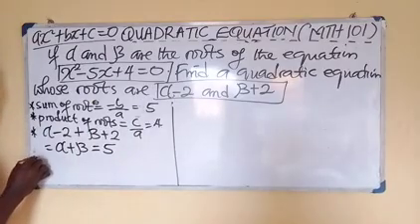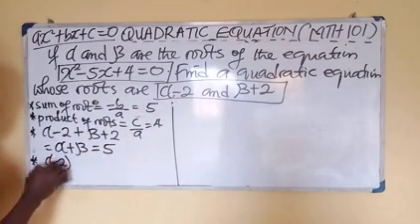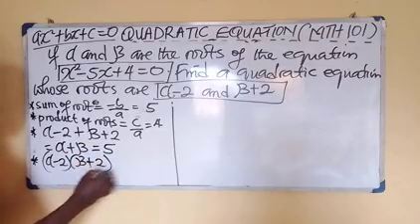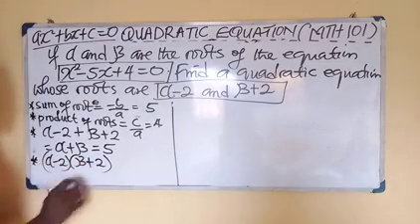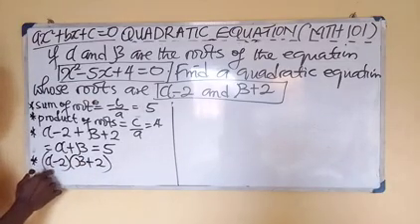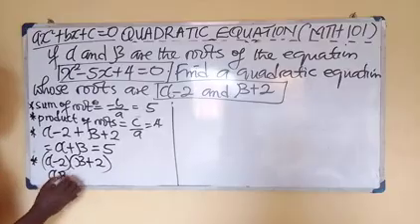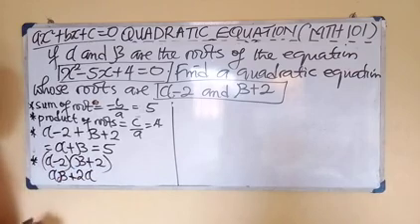Now the second instance is the product of this: alpha minus 2 times beta plus 2. Very easy. What do I do next? I will open a bracket as usual. Alpha times beta, I have alpha beta. Then plus alpha times 2, I have 2 alpha.